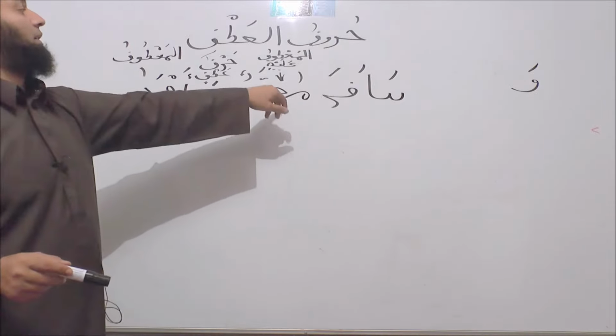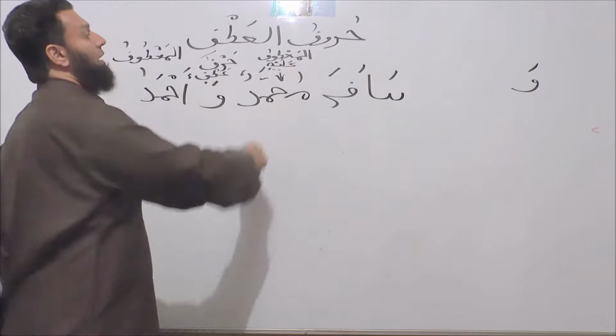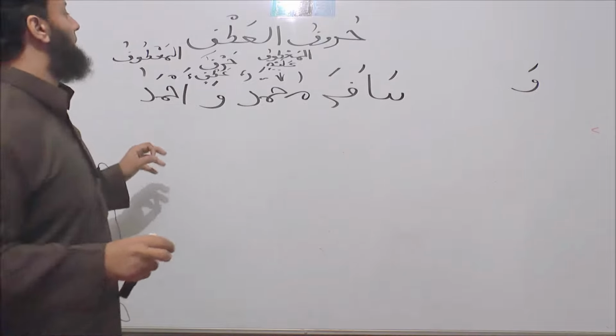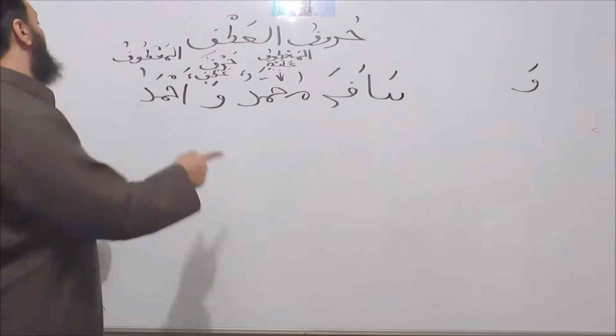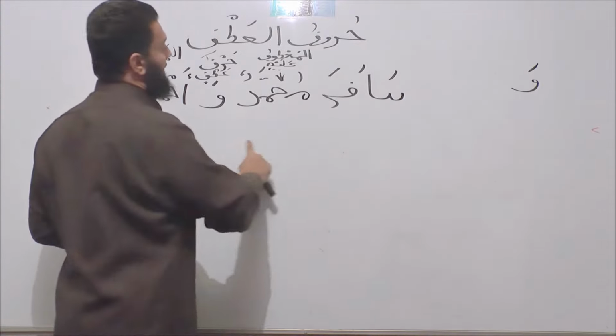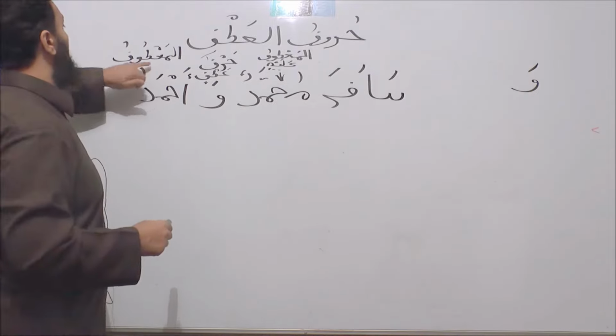We have Muhammadun, which is the fa'ilun, but it is also what we call al-ma'tufu alayhi. Why is it called al-ma'tufu alayhi? Because it's followed by a harfu atfin, which is followed by another ismun, which is connected back to Muhammadun. And that is called al-ma'tufu.